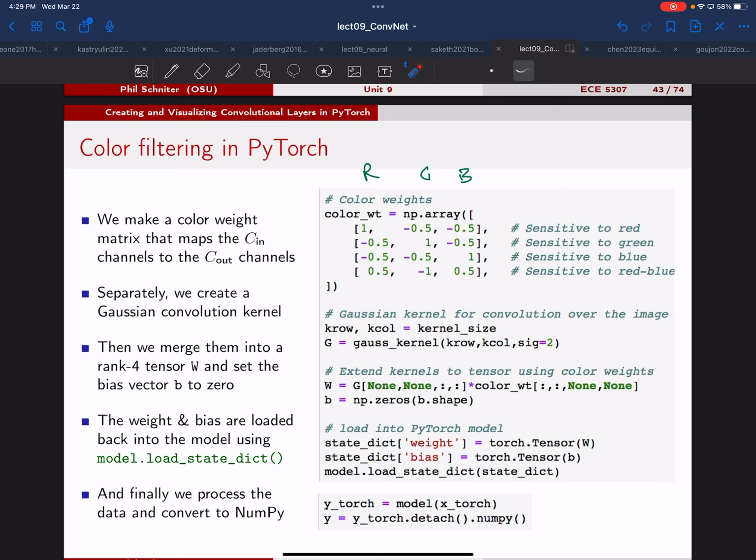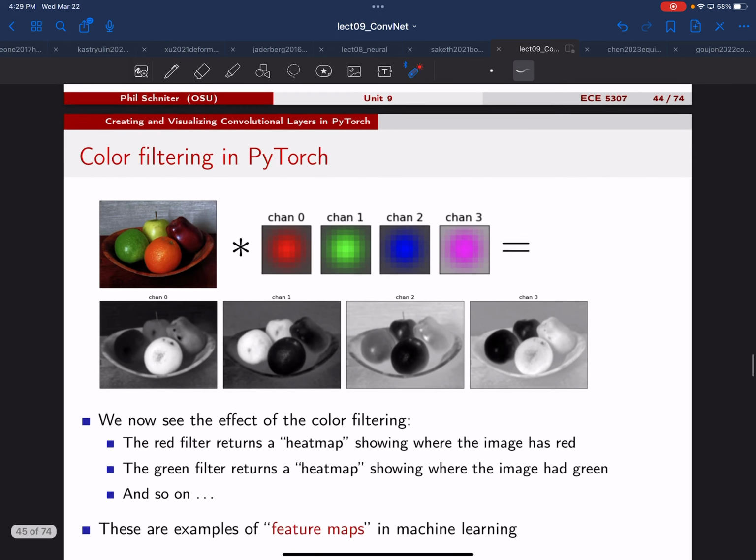Okay, so now we finally have our weight tensor. We can just zero our bias, and we load these back into our state dictionary, load the state dictionary back into the model, and then doing a color filtering is nothing more than putting xtorch, our image, through our model to get ytorch, detaching ytorch back to NumPy so that we can plot it.